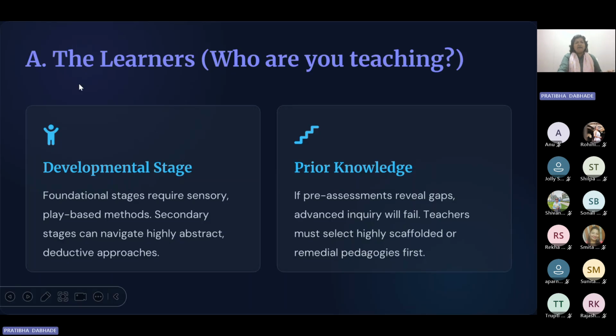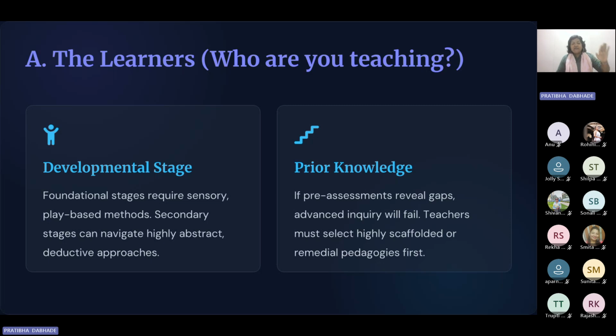Now, if you're going to think about the learner, here we have to think about their developmental stage, at what particular stage they are. Already we saw the different educational structure given by the NEP 2020, right? They are in the fundamental stage, or in the preparatory, or in the middle stage, or in the secondary stage.